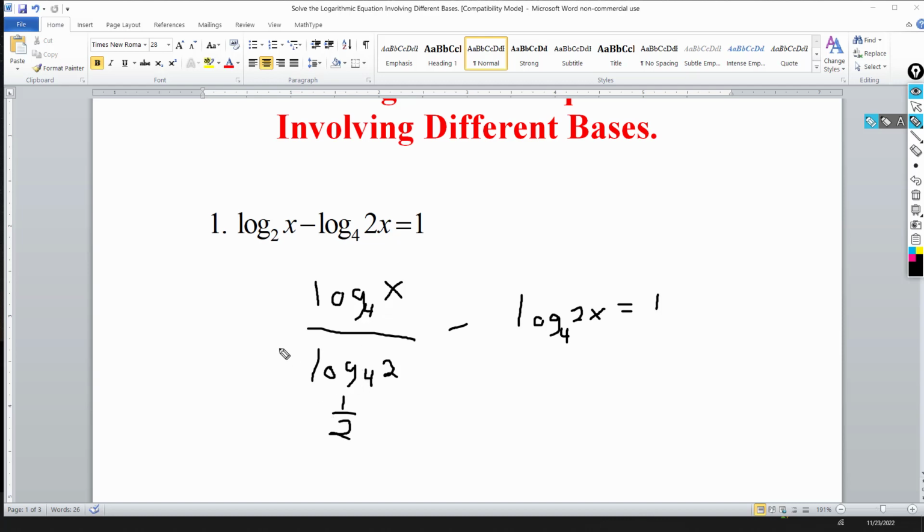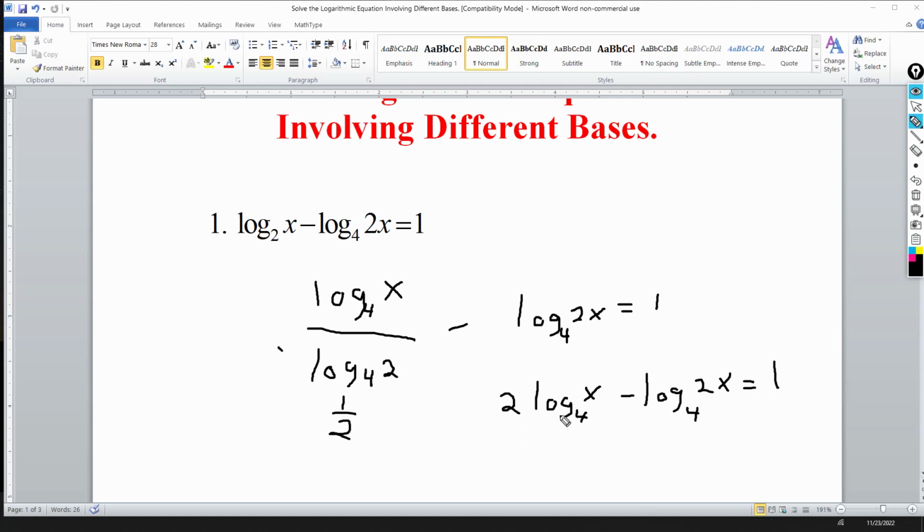Let's just multiply through by 2 to get rid of the 1/2 in the denominator. That will give me 2 times the log of x to base 4, minus, the other one stays the same, the log of 2x to base 4, equal to 1.